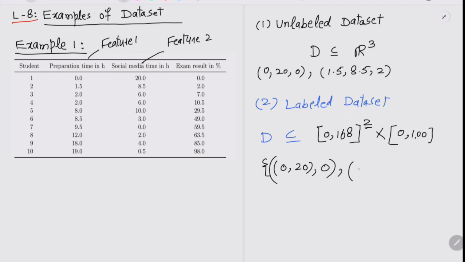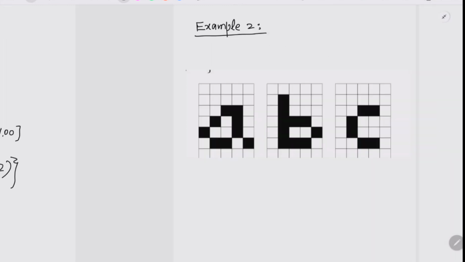Similarly, we have, for example, 1.5, 8.5, and we have, for example, 2. The data set will look like this. So this was example number 1, where we have seen how to write any data set in terms of an unlabeled data set and a labeled data set.